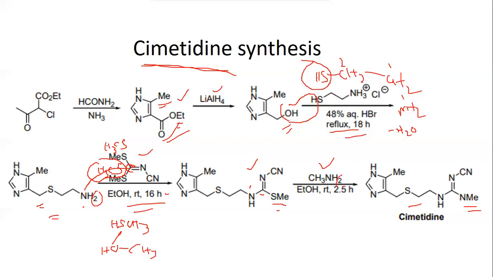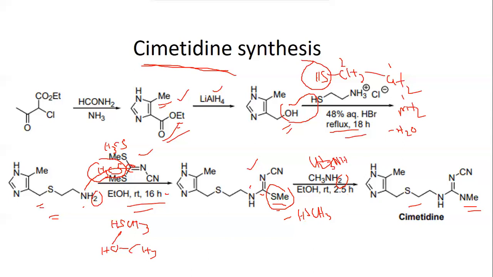So what will happen? 1 hydrogen from here and the SME, SCH3, will again come out as mercaptomethane, and the rest part is CH3NH. What is remaining here?